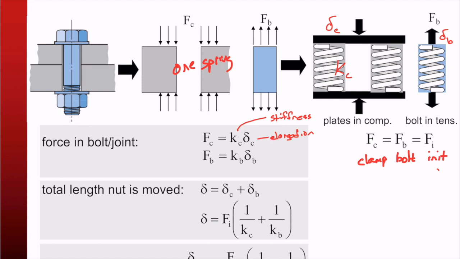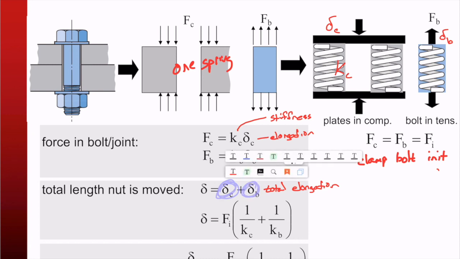So the total elongation of this whole thing is down here. Total elongation is how much does the clamping stuff get compressed plus how long does the bolt stretch, right?